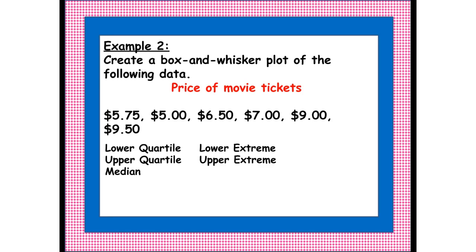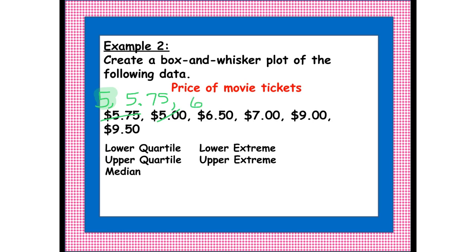Okay, here's example 2. So we have the prices of the movies at different theaters, and then we're going to find our 5-point summary and then set up our box and whisker plot. So to start with, I've got to put my prices in order from least to greatest. So it looks like the least amount of money I can go to the movies for is $5. And then $5.75.